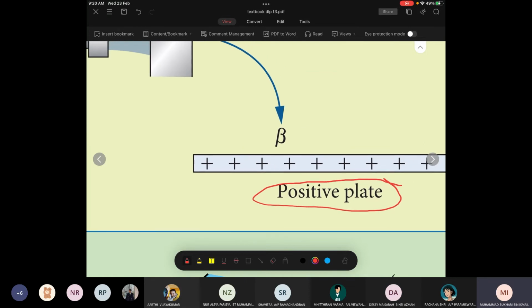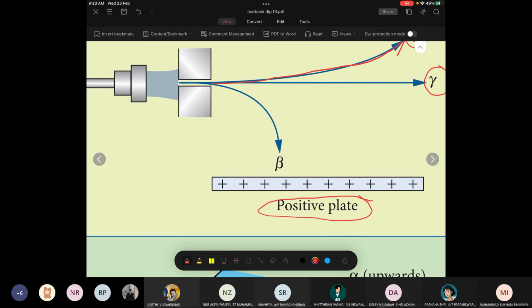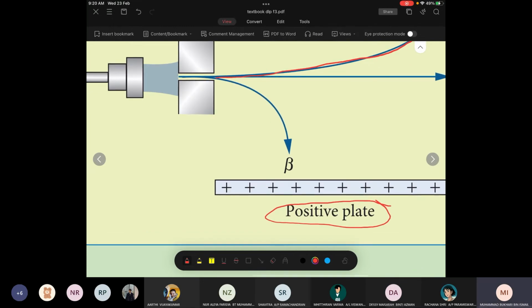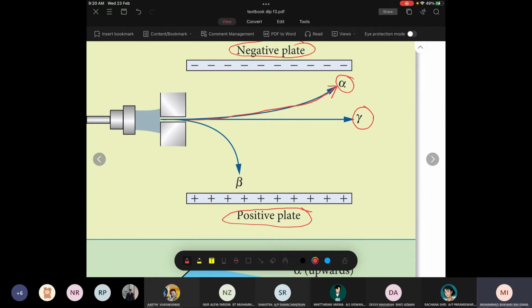So electron is negatively charged, so it will be attracted towards the positive plate. That's why you can see it is bending. Okay, you can see the curve there. It shows that it is deflected towards the positive plate. But you can see here that the deflection of beta is much more. The curve here is much more.